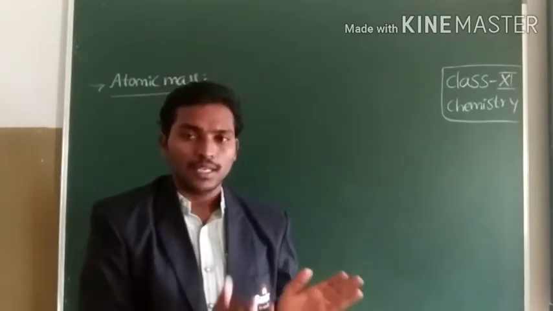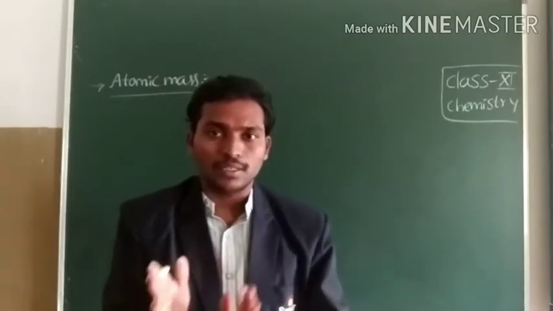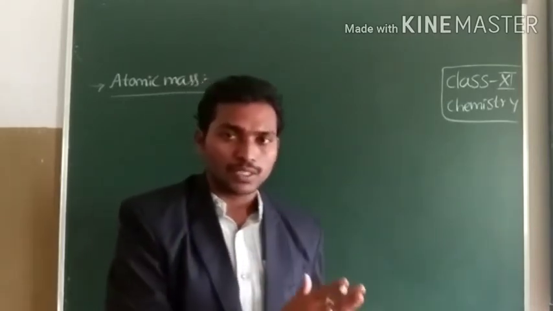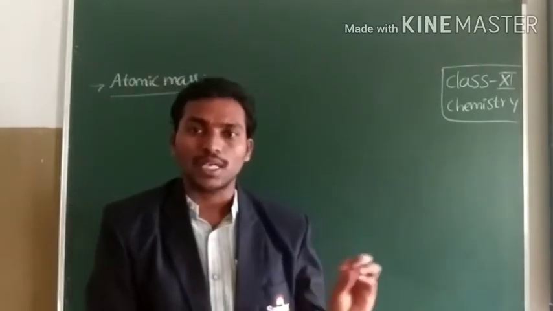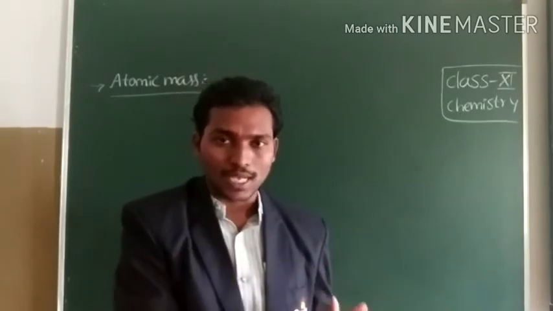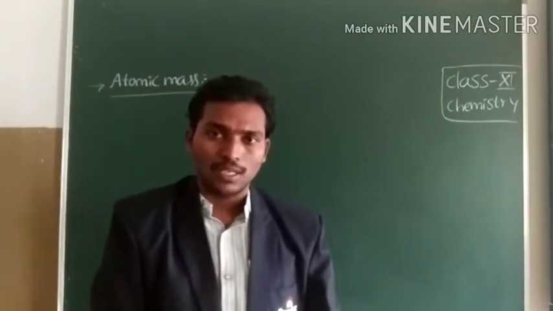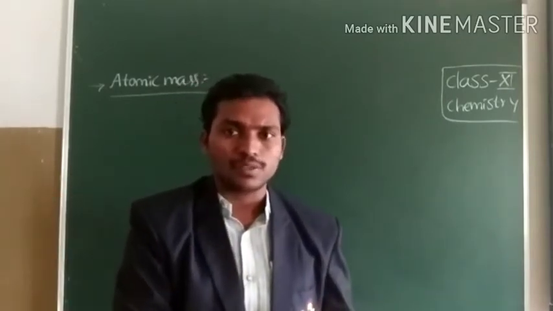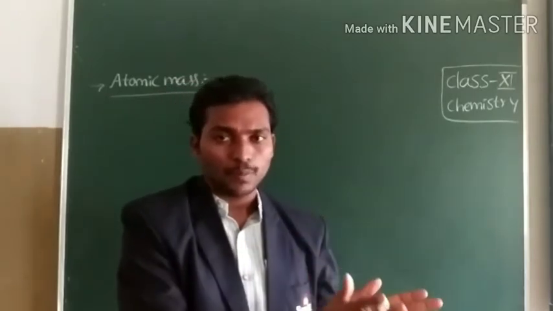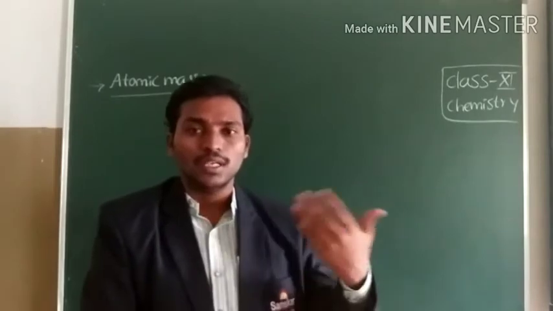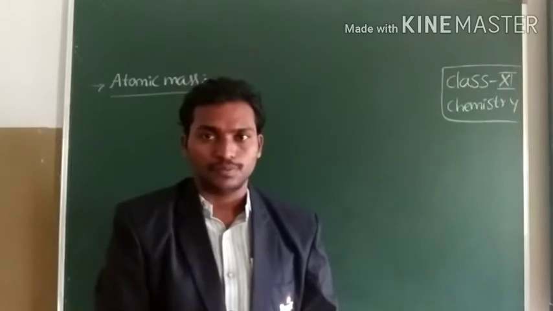In earlier days, scientists chose hydrogen as the standard or reference to find out the atomic mass of other elements, because hydrogen is the simplest element. Later, they considered oxygen because many compounds contain oxygen, so they replaced hydrogen by oxygen.